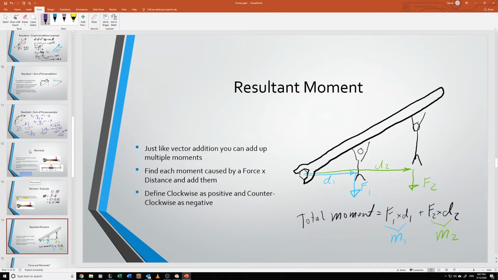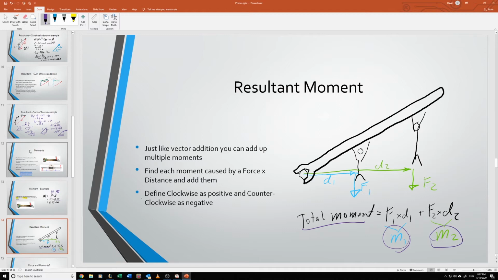Over here we have a massive spanner with two students trying to pull it down. The first student is producing a force down at a distance 1 and a force 1. This is our moment 1, which is force 1 times distance 1. And this over here is our moment 2, which is force 2 times distance 2.